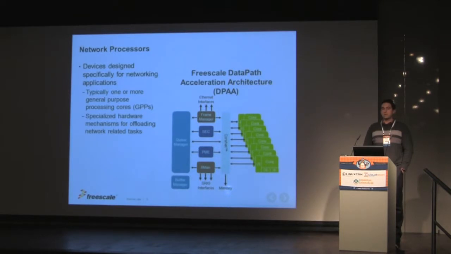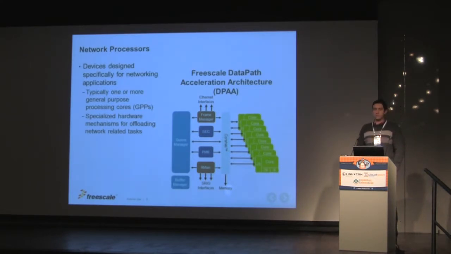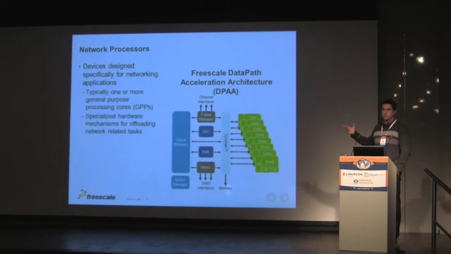What these things typically include are SoCs, systems on chips, and they include a set of general purpose cores, and also some specialized hardware that is used to offload some of the networking tasks from software to hardware. And I'll talk a bit about how one such network processor architecture looks like to support the explanation of the concepts that I'm going to present.